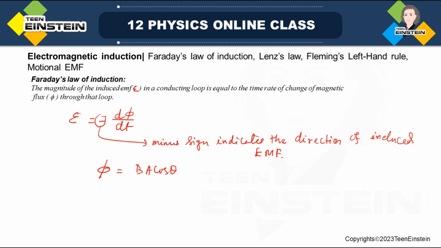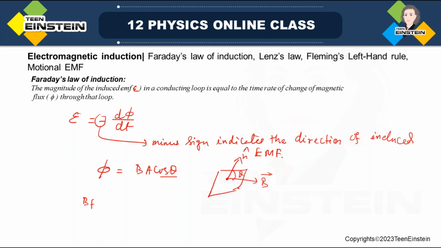A is the area of the conducting loop through which the flux lines pass, and theta is the angle between the magnetic field and the surface normal. This is the n cap and this is the magnetic field. If we change theta, the flux also changes. If theta is 90 degrees, the flux is 0. If theta is 0 degrees, the flux is maximum.